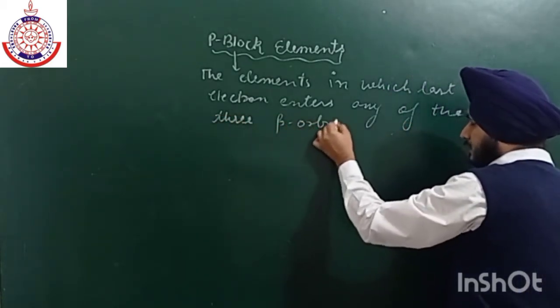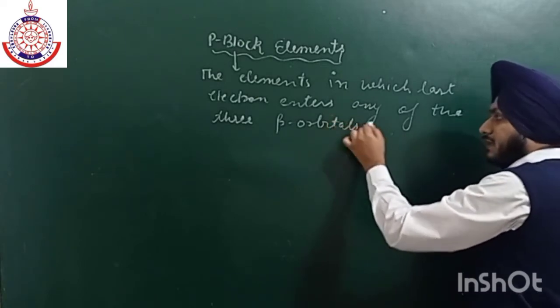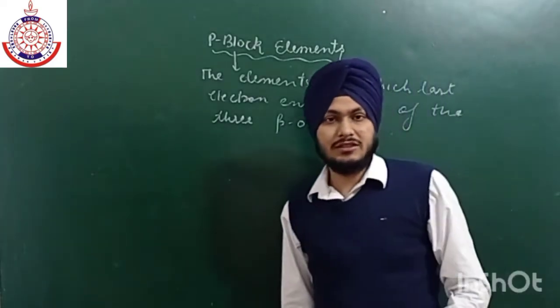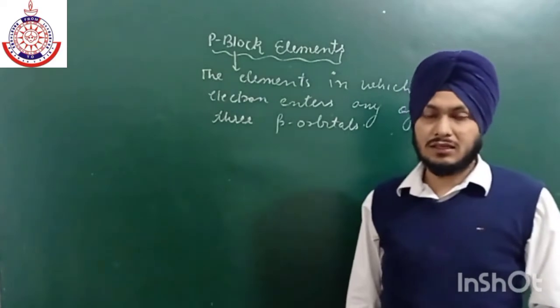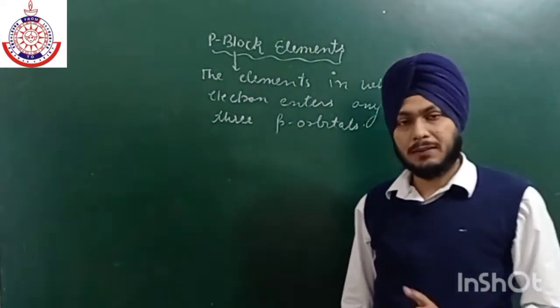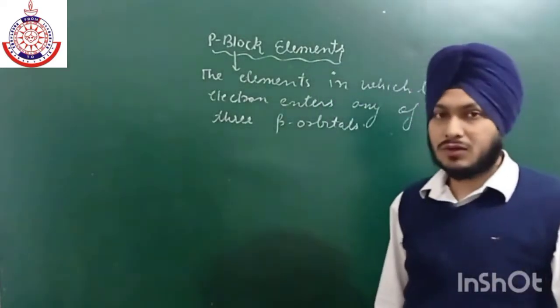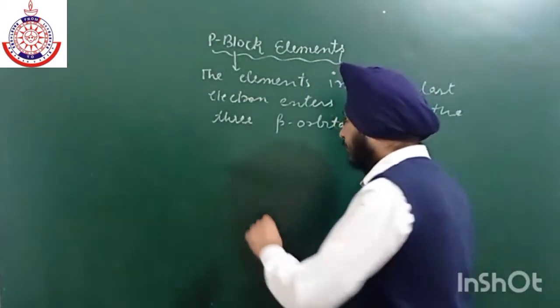So the elements in which the last electron enters any of the three p orbitals are known as p block elements.